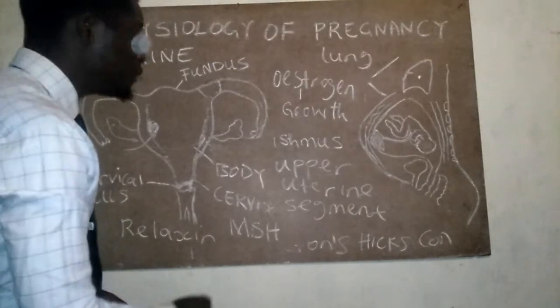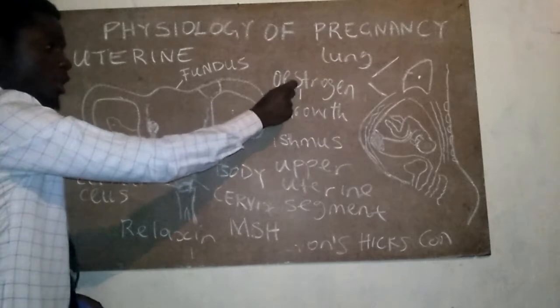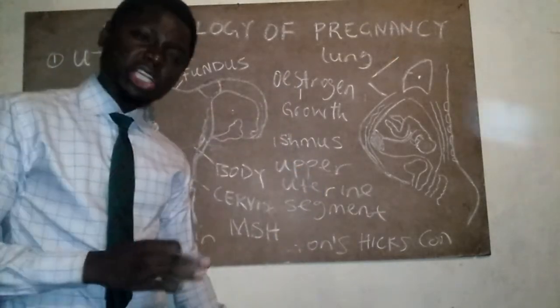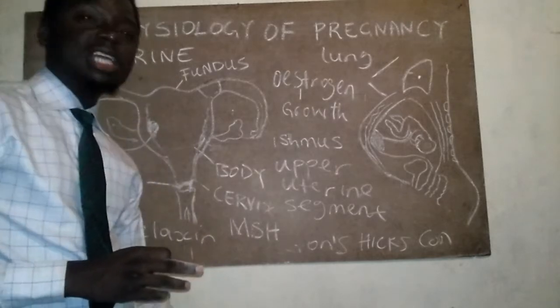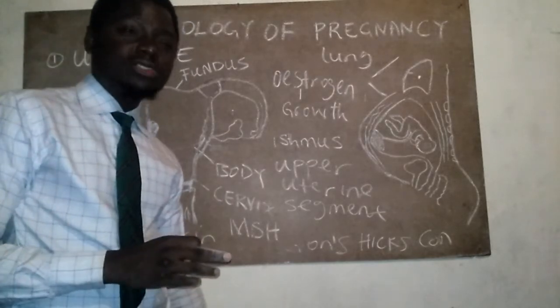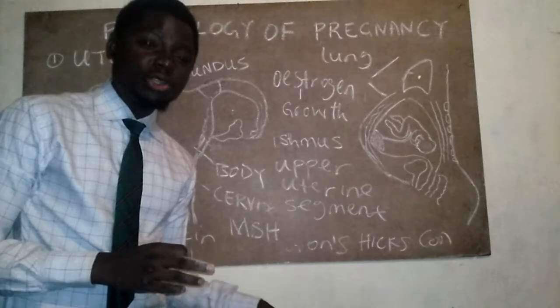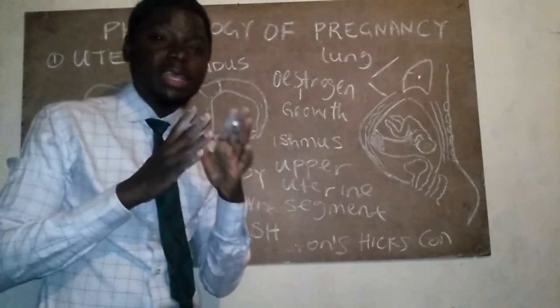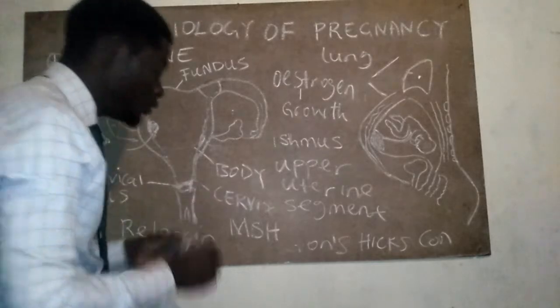And as a result of estrogen causing increased growth of maternal tissue, when the maternal tissue is stressed beyond what it can afford, it starts to form stretch marks. And those are what we call the striae.